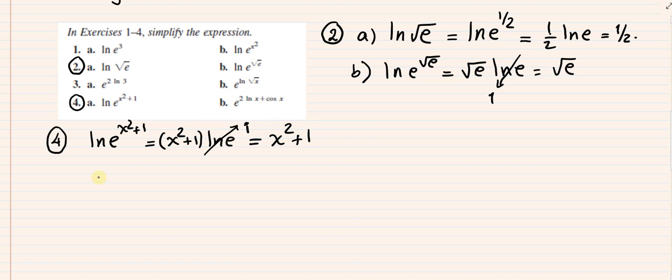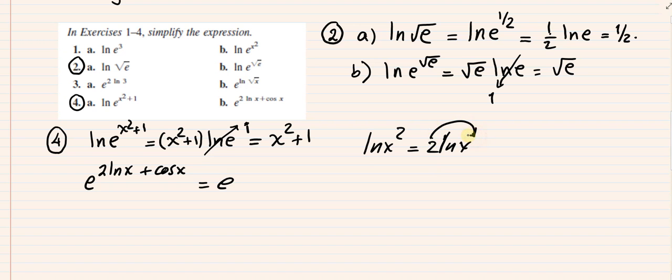In part b of the same, we have e to the 2 ln of x plus cosine x. Now, remember, if we have something like ln of x squared, we can bring the 2 in front, and that becomes 2 ln of x. Well, the reverse also works.